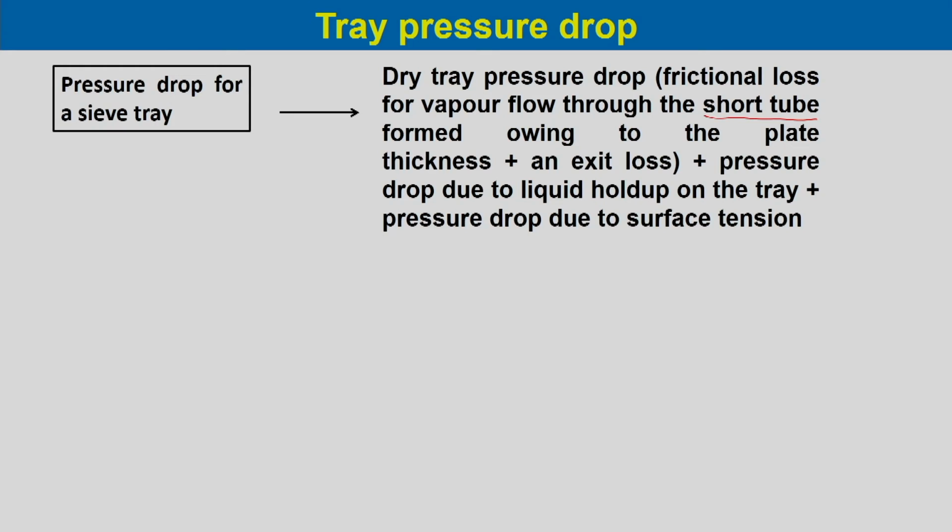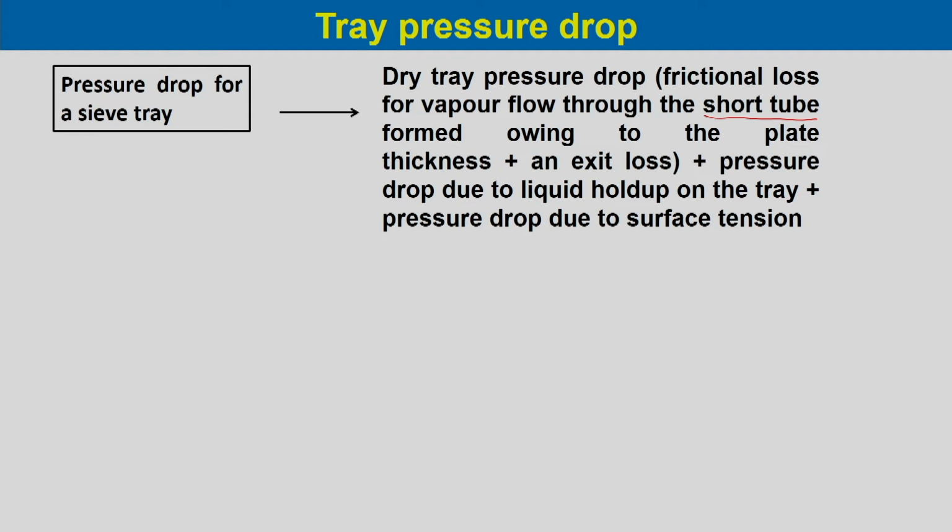So, when the vapor flows through that, you consider vapor flowing through a short tube due to the thickness of the plate, plus an exit loss, plus pressure drop due to the liquid hold up on the tray, plus the pressure drop due to surface tension.